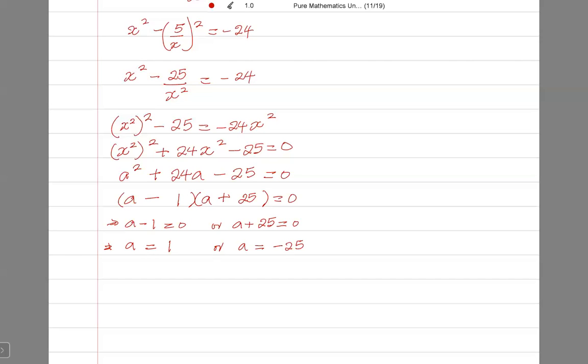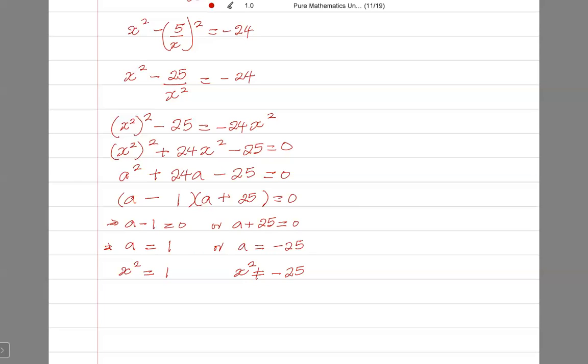Remember, a is x squared, so x squared is equal to 1, and x squared is not equal to minus 25. The basic reason for that is that whenever you're finding the square root of a complex number, the values of x and y must be real.